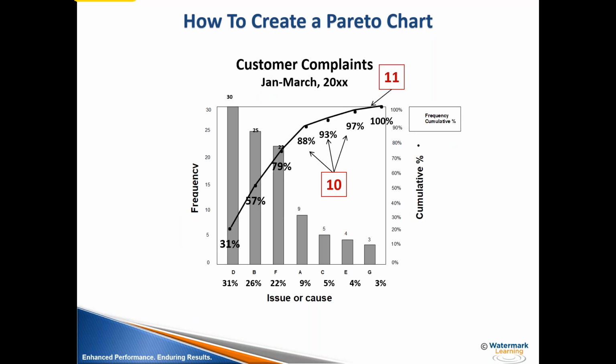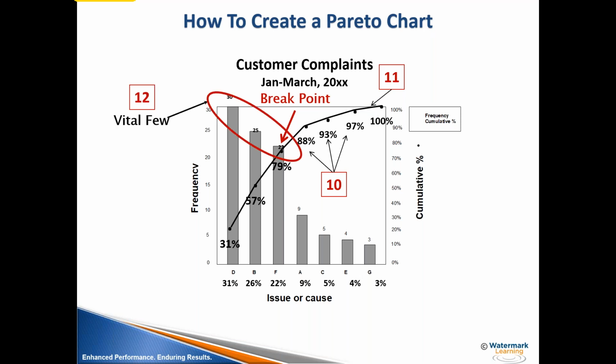So the 10th and 11th steps here show the curve, which I call the Pareto curve, that at some point will cross the threshold or the so-called break point that's around the 80% level, which means the causes to the left are the most significant ones, roughly 20% of them, and not exactly, depending on your sample size, but roughly the 20% of things that cause 80% of the problems.